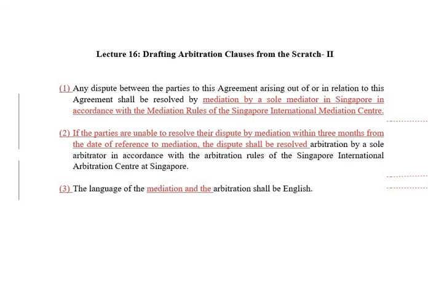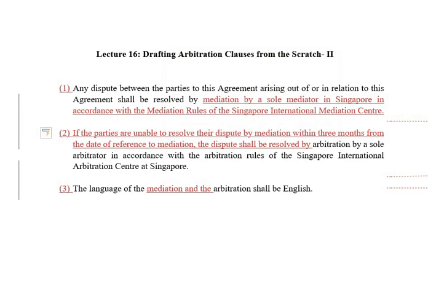That is, the clause which provides that certain matters would be excluded from the scope of mediation or arbitration or both. So before that, we'll just make a typographical correction here. Shall be resolved by arbitration.